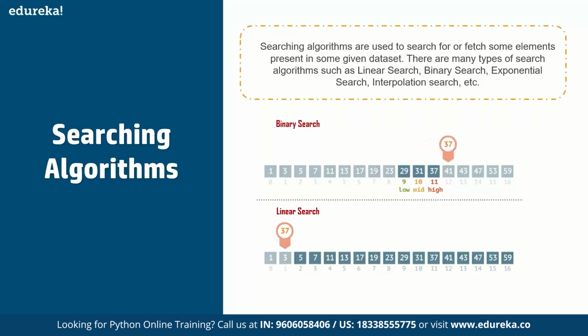Here the key is compared with the middle element and then the array is divided. The left half is searched if the element to be searched for is smaller than the middle element, and vice versa. The appropriate subarrays are again divided into half, and the process is repeated.